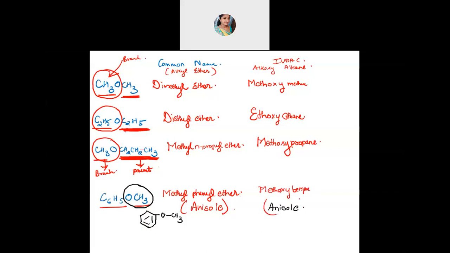Anisole is accepted, so whenever you are writing in future, you can write anisole. Benzene with OCH3, you will be coming across this many times. It's important, so put a star mark there. One is dimethyl ether, diethyl ether, and this one anisole, which you need to study.